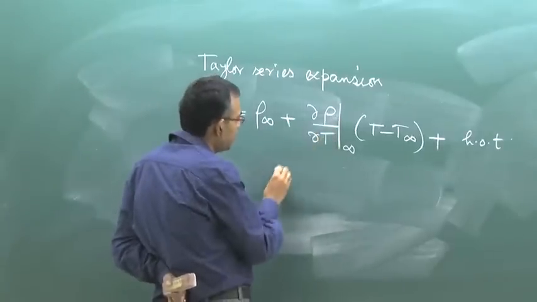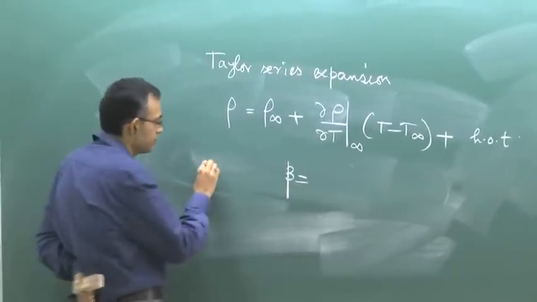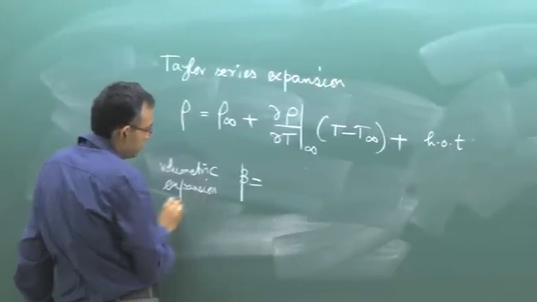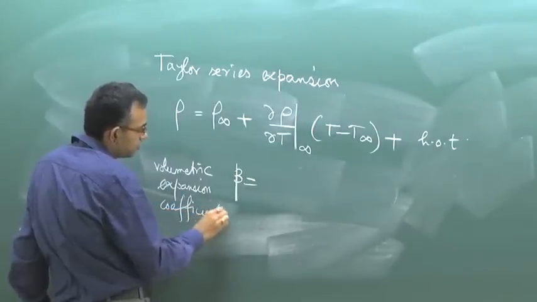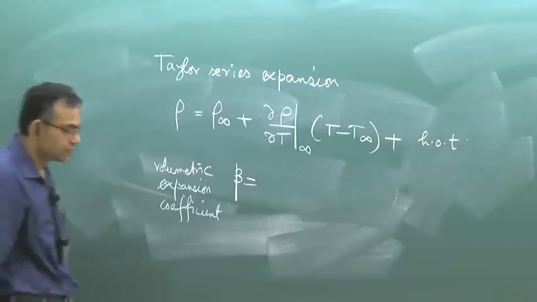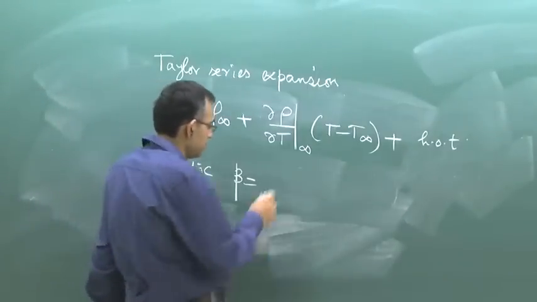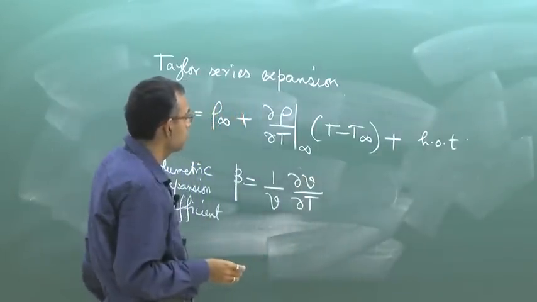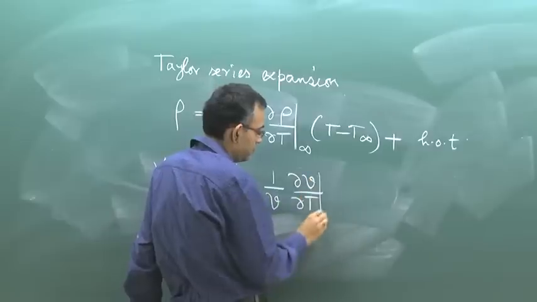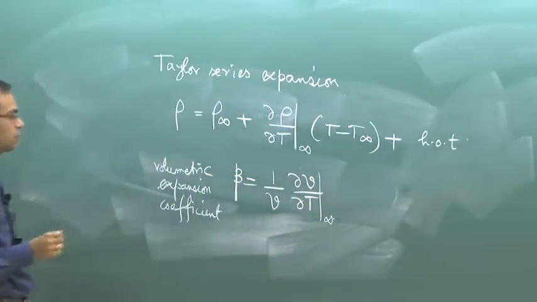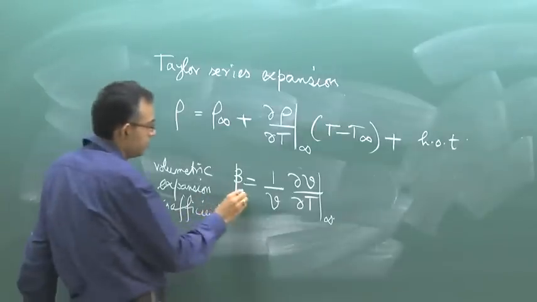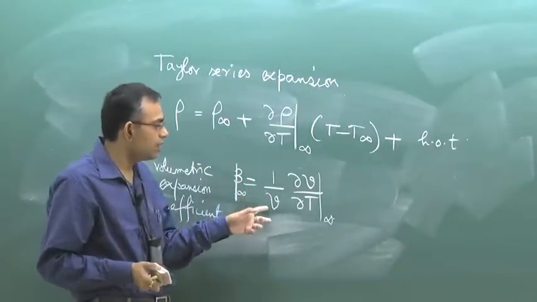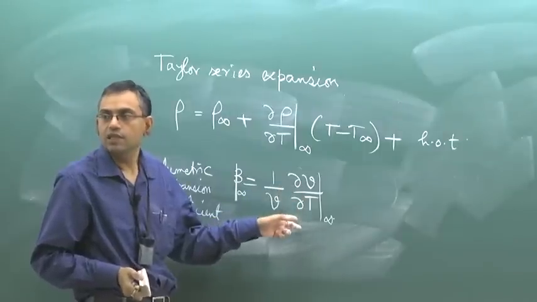Now, we can write this in terms of the volumetric expansion coefficient beta. So beta at infinity, or the free stream condition, is 1 by V, the change in volume per unit volume for each degree change in temperature.